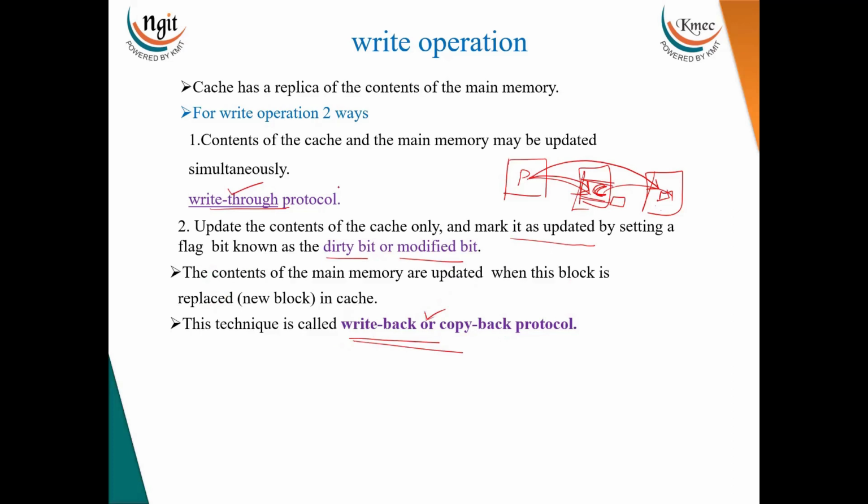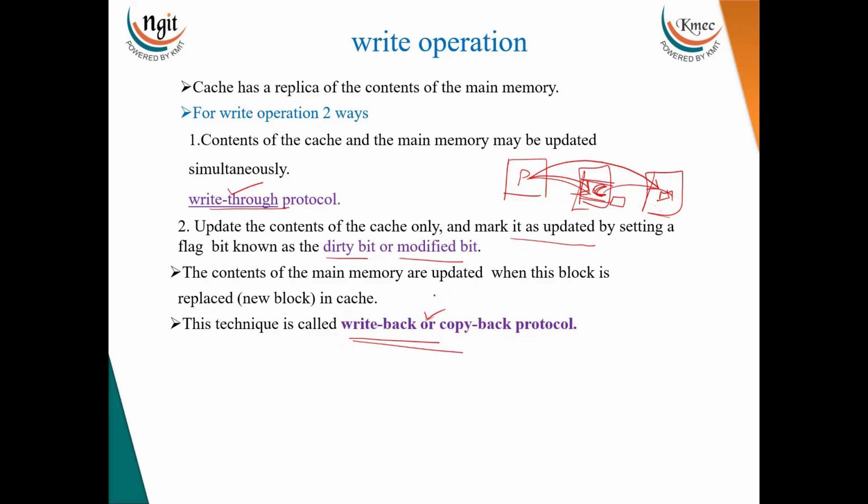Now, write through means what? Both the cache and main memory are updated, so it is unnecessarily copying the data into the main memory. If any modification takes place in the cache, it is done again in the main memory, so unnecessary write operations take place in the main memory.